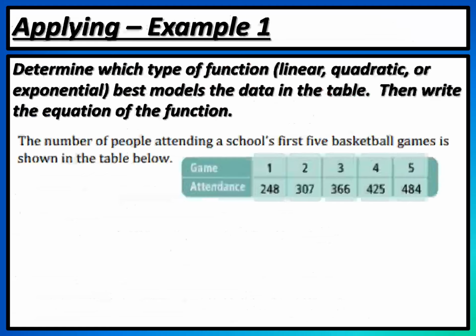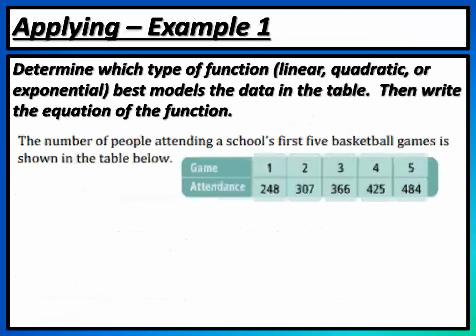First we want to determine: is this table linear, quadratic, or exponential? You want to start with either dividing the values or subtracting them. We actually start from the back, or the bottom. We start from the end and go backwards.